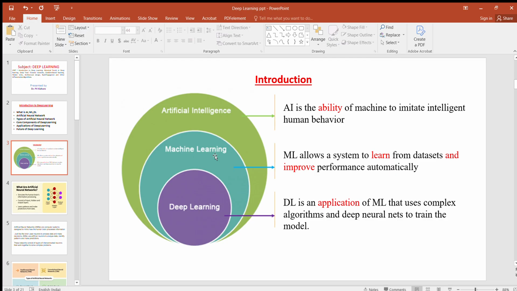Deep learning helps to analyze the features of that particular image or entity. Understood? To analyze in a deeper way, it definitely requires deep learning. Deep learning works with complex algorithms to solve complex problems. This is about artificial intelligence, machine learning and deep learning. You can get some brief idea on this.